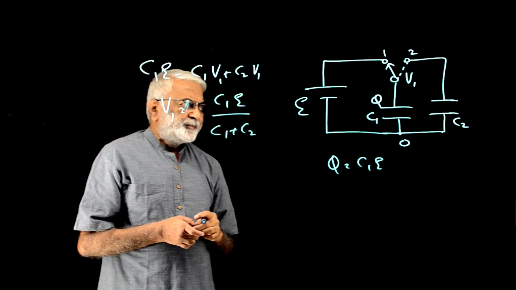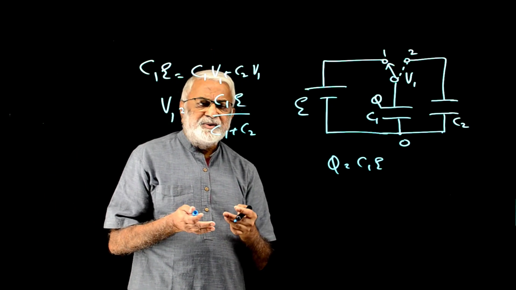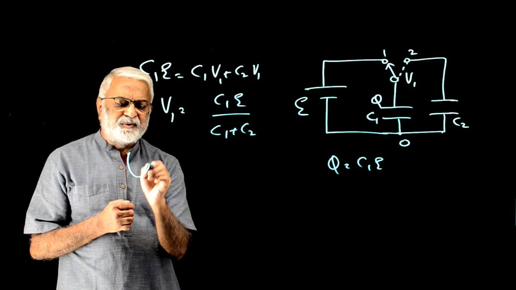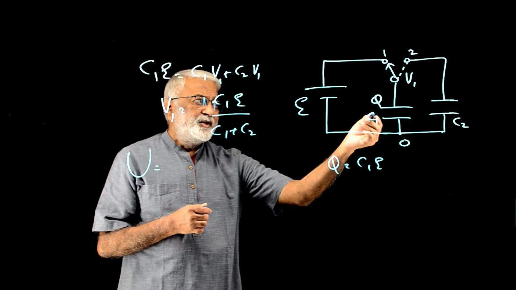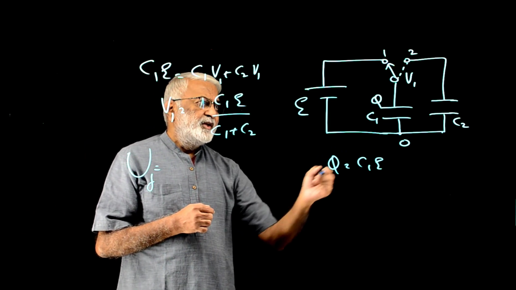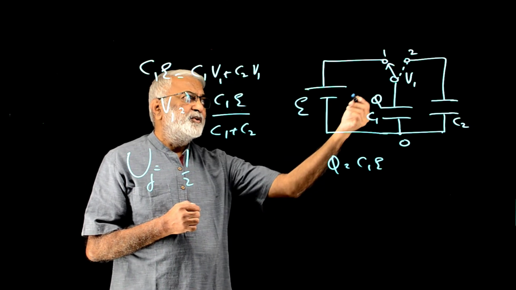And then there are other calculations you can do, for example, what is the energy of the system of capacitors? U, let's call this UF, of the system of capacitors is half C1 V1 squared plus half C2 V1 squared.